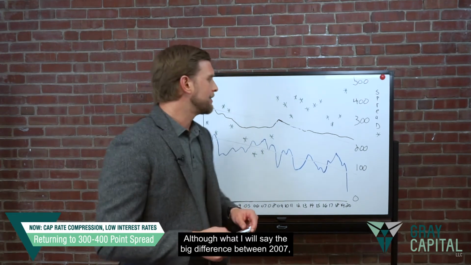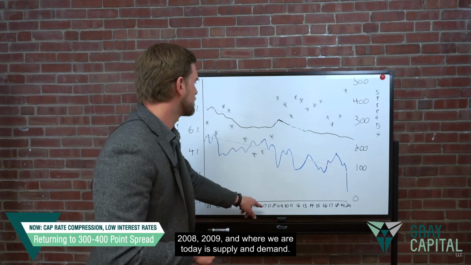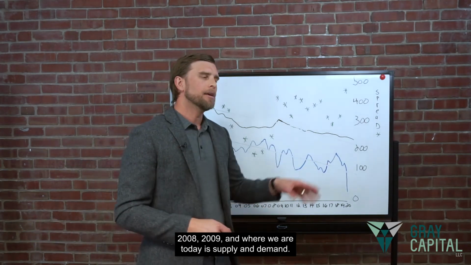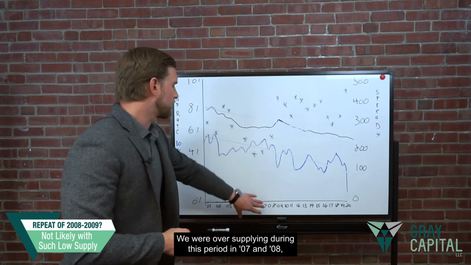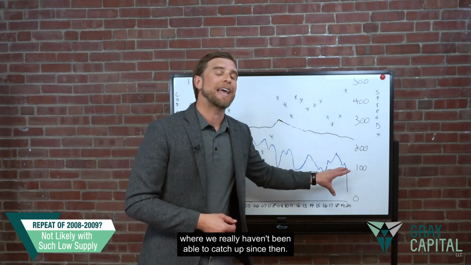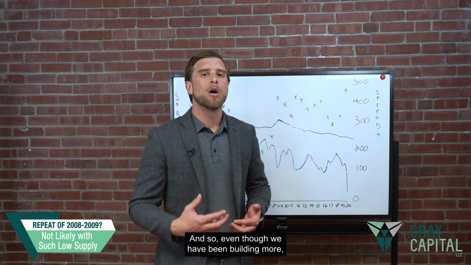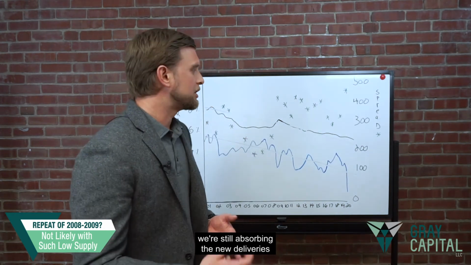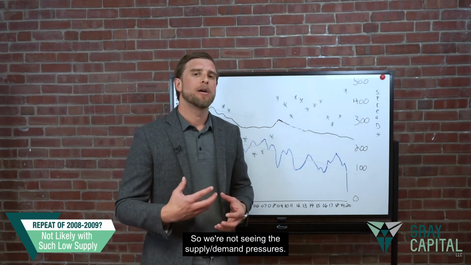Although what I will say, the big difference between 2007, 2008, 2009, and where we are today is supply and demand. We were oversupplying during this period in 07 and 08, where we really haven't been able to catch up since then. And so even though we have been building more, we're still absorbing the new deliveries that are coming online. So we're not seeing the supply-demand pressures.